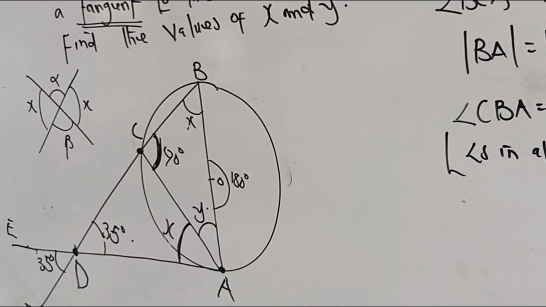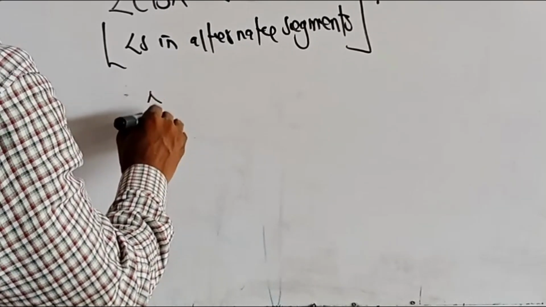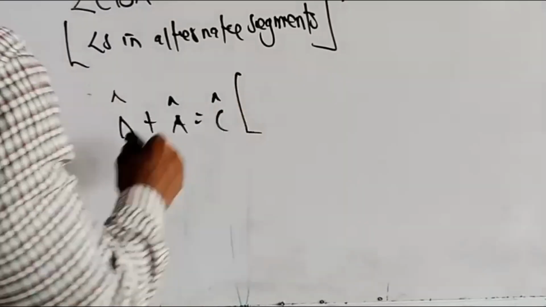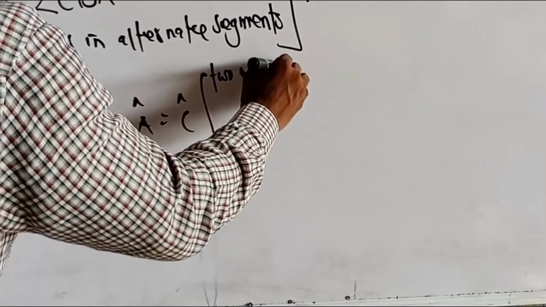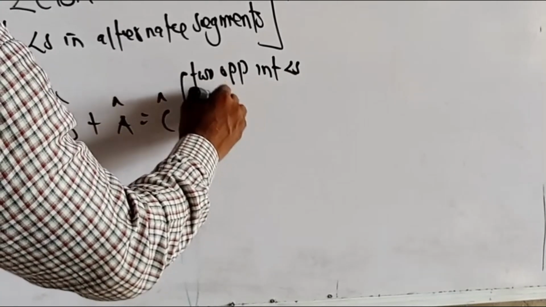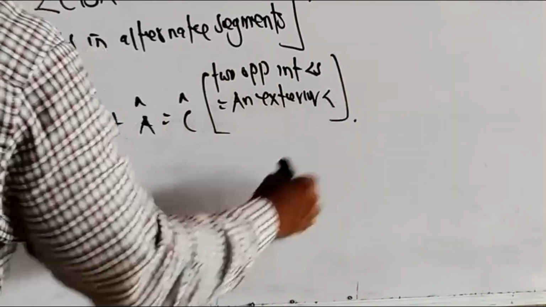So let's put that in statements. In context, angle D plus angle A is equal to angle C. Reason: two opposite interior angles equal an exterior angle. That's the implication.